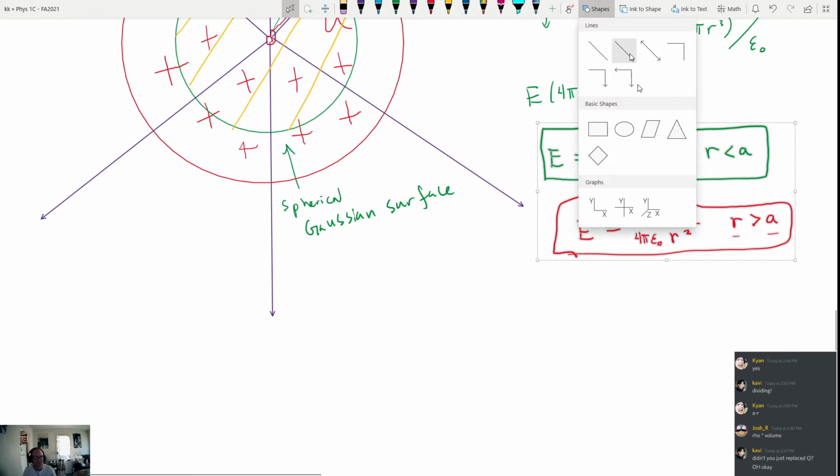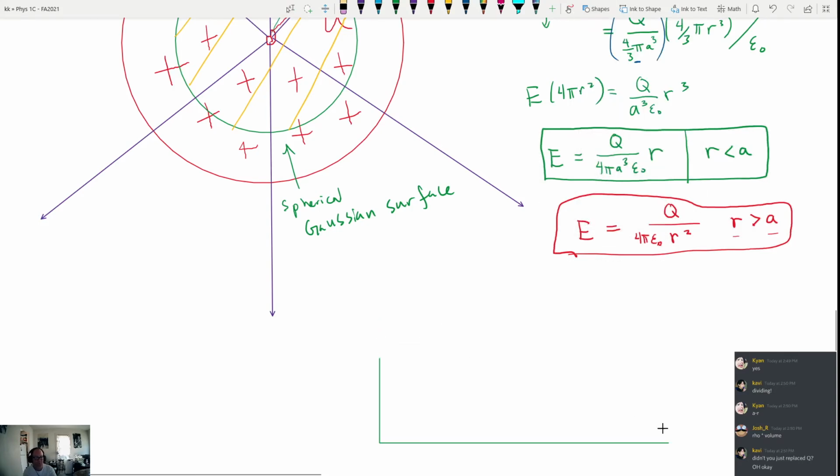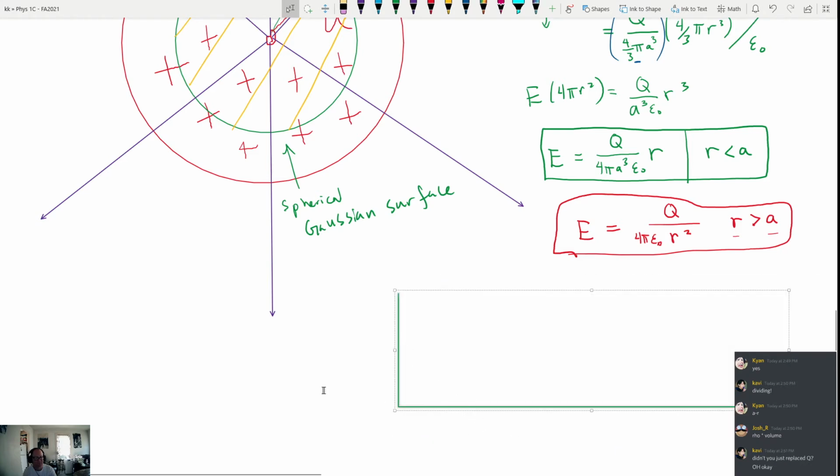And we can plot it. If we go here and we put some axes in, then we can plot exactly what this looks like. So what we have is, if we plot the electric fields as a function of radius, and I indicate right here that this is the place where r is equal to a, then I would say that this is what it's going to look like.